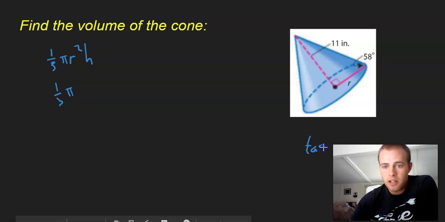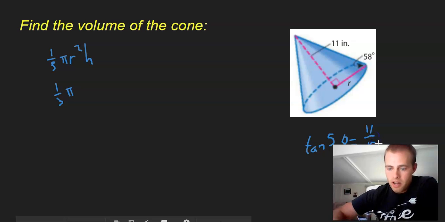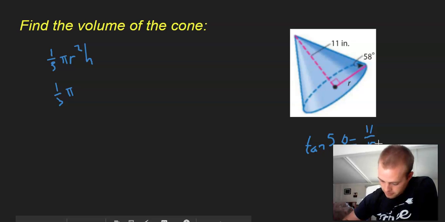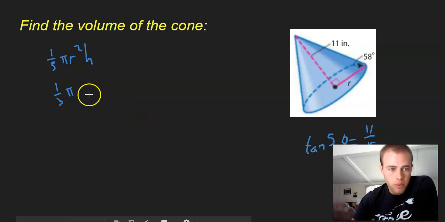Tangent of 58 equals opposite over adjacent, in this case 11 over r. Variables in the denominator, so we will divide. 11 divided by tangent of 58 gives us a radius of 6.9. Slap that into our volume formula.